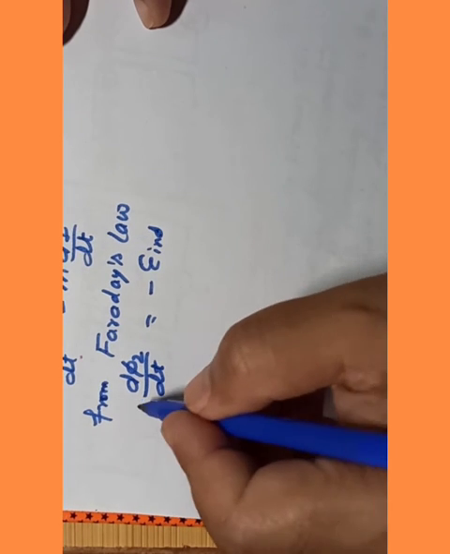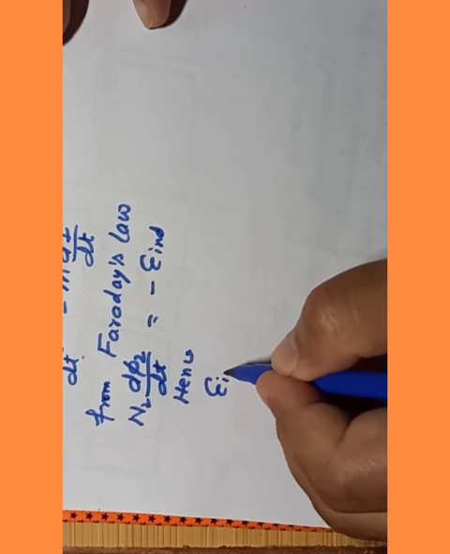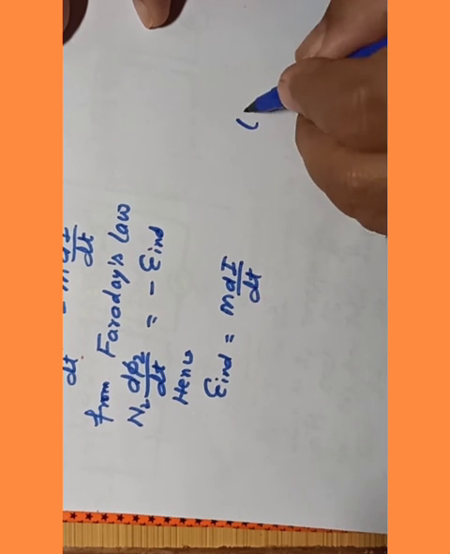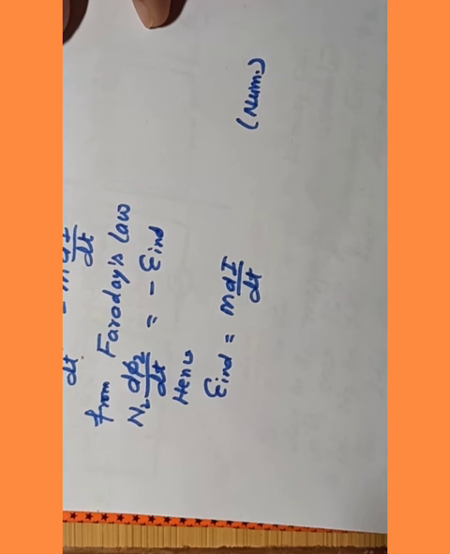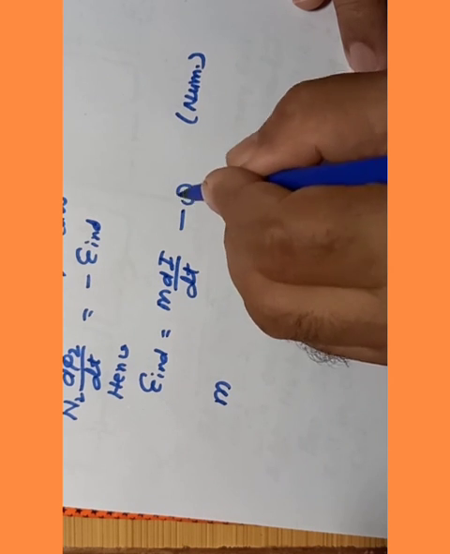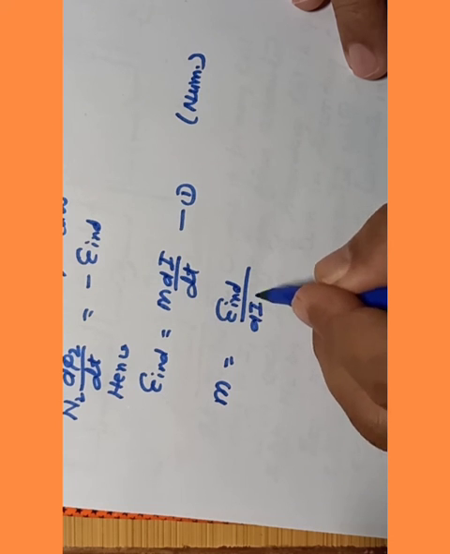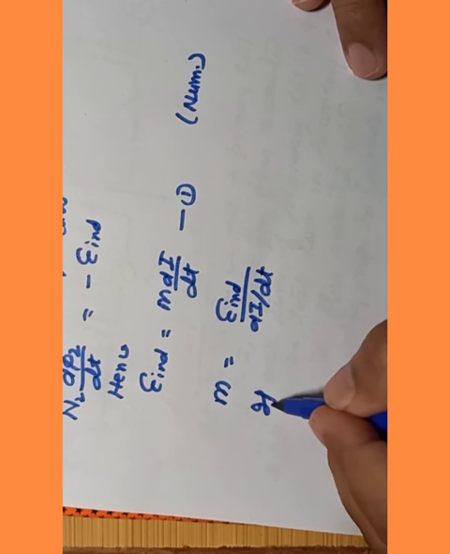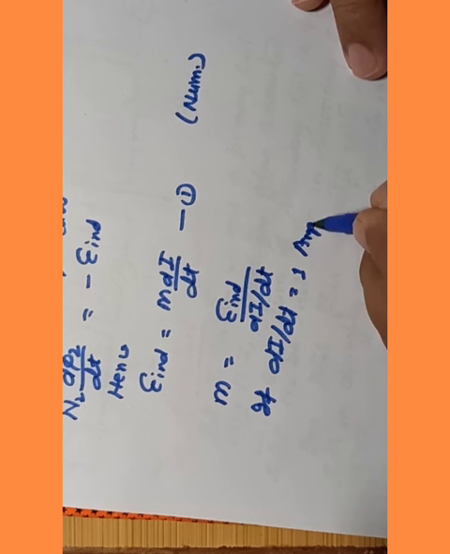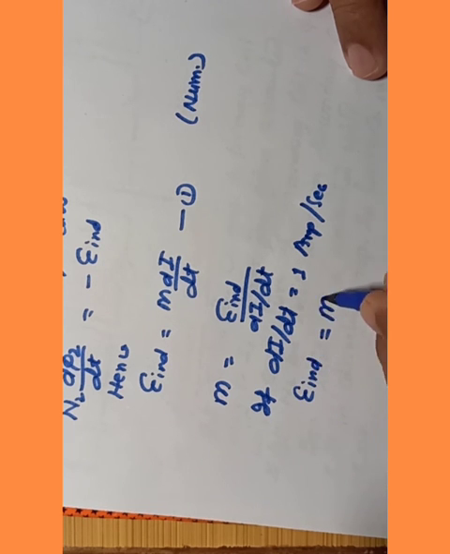Hence, E induced equals M dI by dt. We take the numerical value, no negative sign for the definition. Then M equals E induced upon dI by dt. If dI by dt equals 1 ampere per second, then E induced equals M.